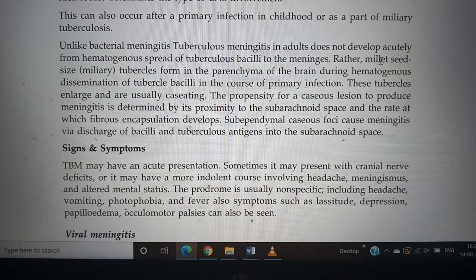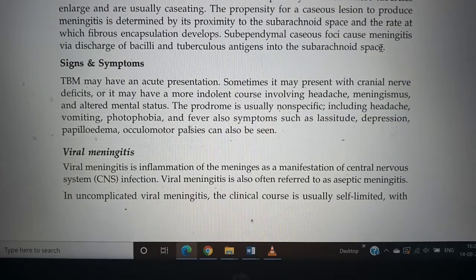Then altered mental status, the person can have delirium, they can have fits like epilepsy, vomiting, fever, general feeling of weakness, depression, papilledema, oculomotor paralysis. Some of these are symptoms of cranial nerve damage. So this is the type of meningitis that occurs because of tuberculosis.